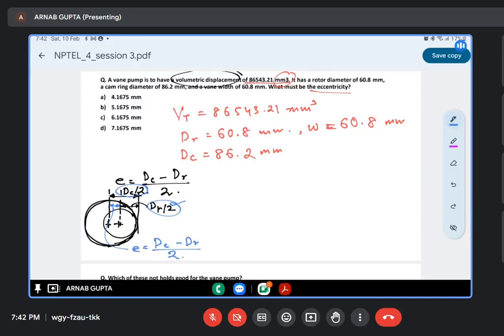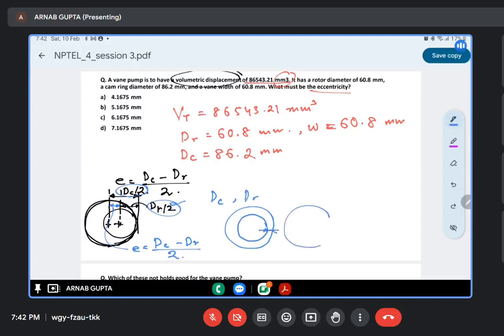One more thing, this is the maximum eccentricity that can be achieved. If you want lower eccentricity, what you will do? I say maximum eccentricity because for this particular motor, D c and D r are constants, right? Now you can use the motor in this configuration also, where there is some clearance here.